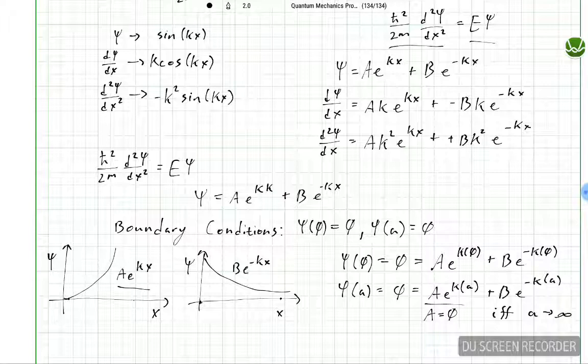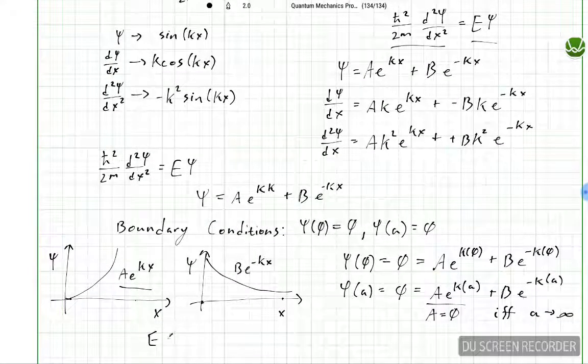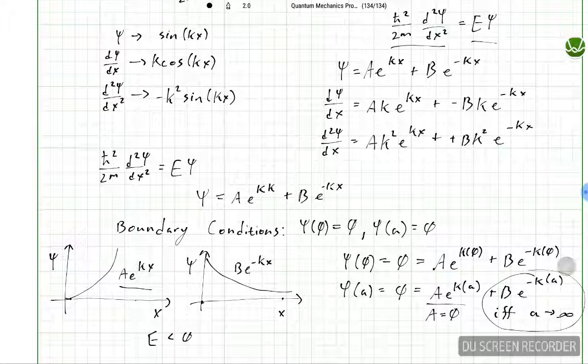So that means we cannot have the energy less than 0 in an infinite square well. There are other cases we can have this. Or if A were equal to negative infinity, we could have an exponential increase.